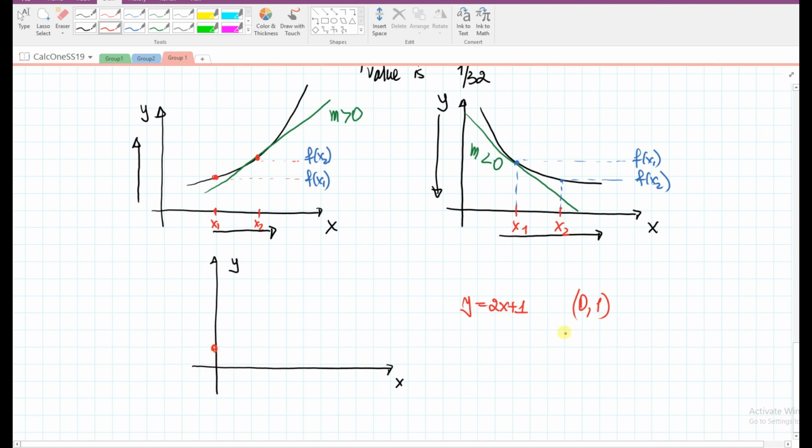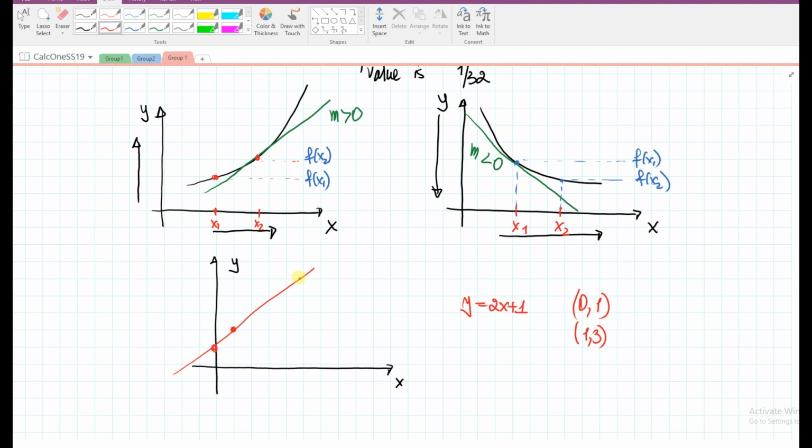So if you choose x to be equal to 1, what will be the y? 3, right? So now you just need to connect them, right? Your function will be like this, right? So what is the slope of this function? It's 2, right? So when you take the derivative, it tells you that this is 2, right? The slope of this function is 2, okay?